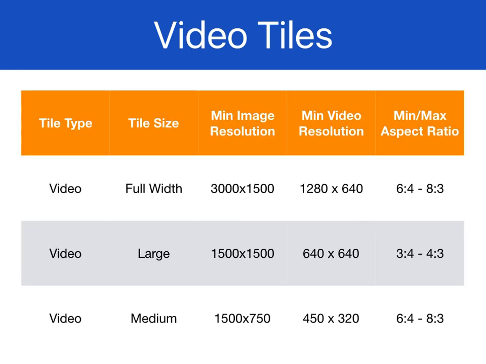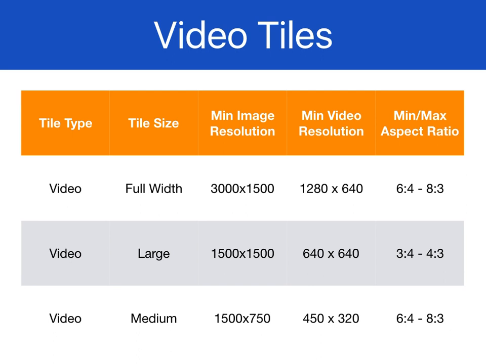So here's the table of the video tile requirements. There are only 3 different types we can do here. So full width, image resolution 3000 by 1500, and as for your video resolution, this is very important. It's only 1280 by 640, and the aspect ratio is 16:9. For the large video, it's 1500 by 1500 pixels for your image.